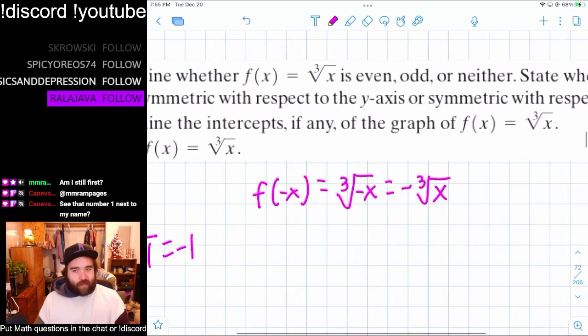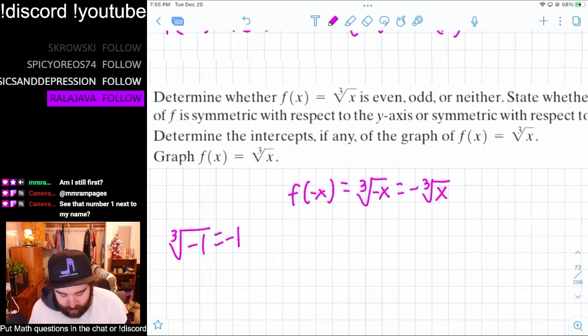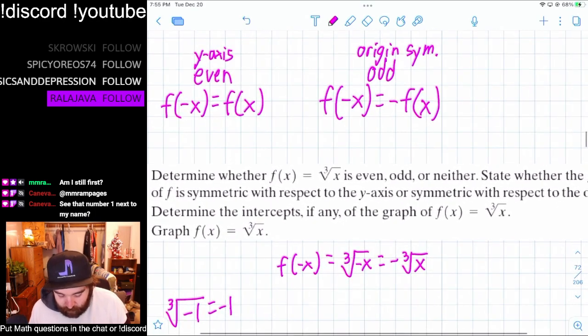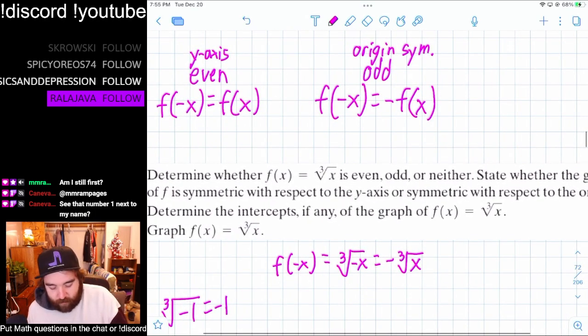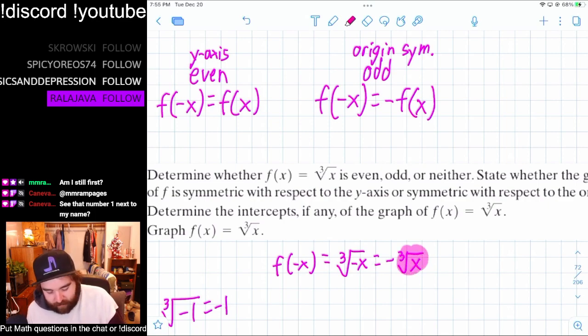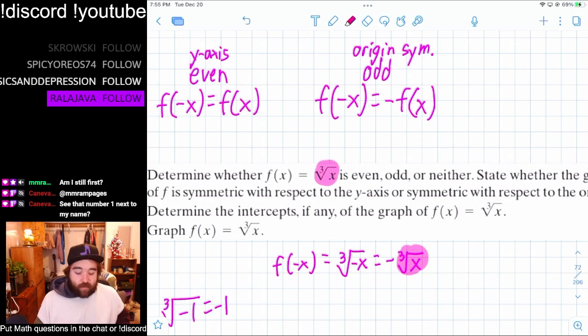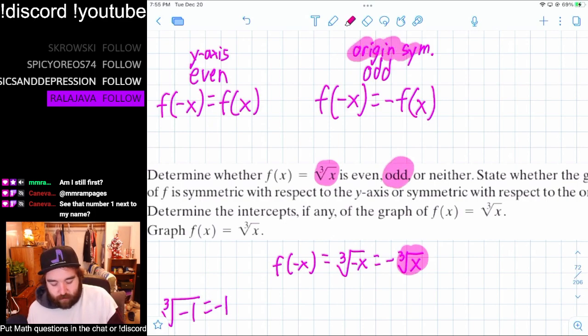You do just have to know or understand that, but that definitely fits the definition of odd. Because look at how right here, that's our f of x, and so we just got negative f of x. So that definitely means that this is an odd graph and that it has origin symmetry.